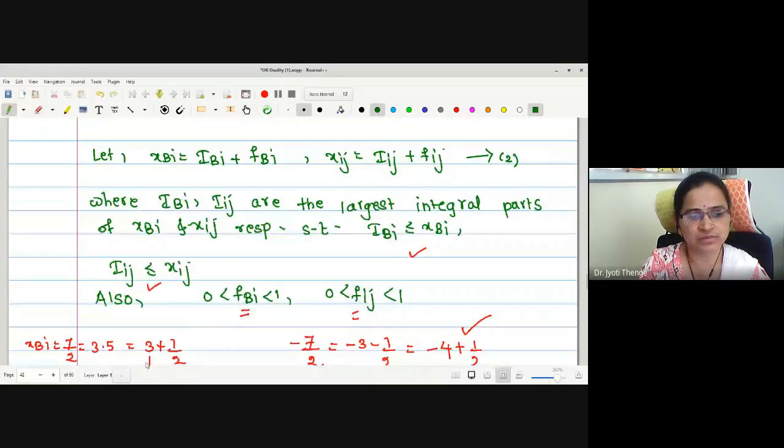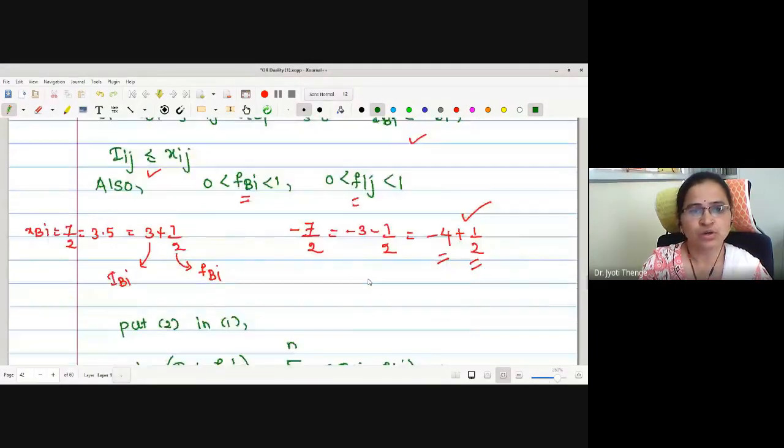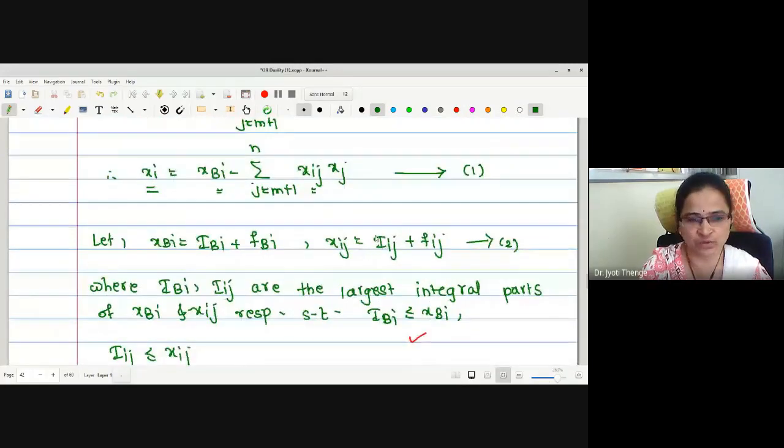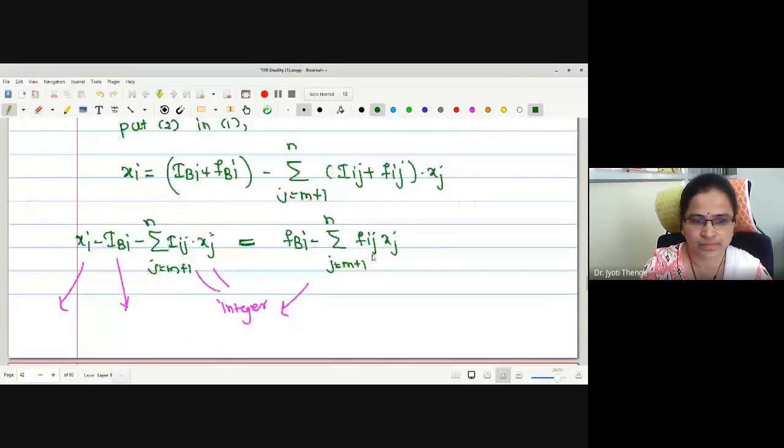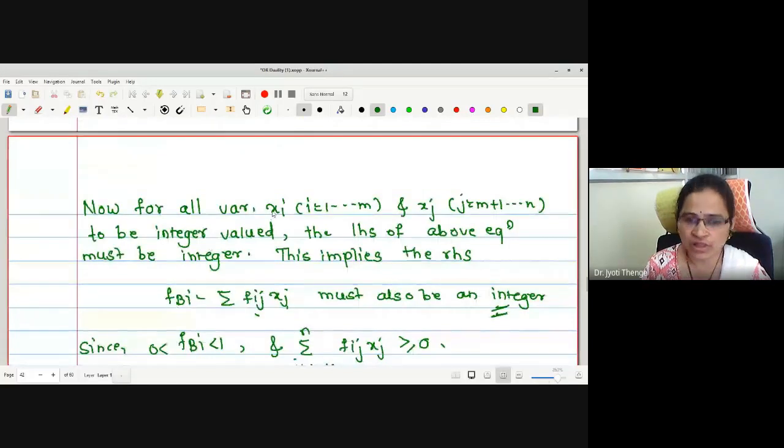We have started with the assumption that all the values of the variables are integer values, that xi and xj are integers. If we want all xi, xj to be integers, then this should be true.